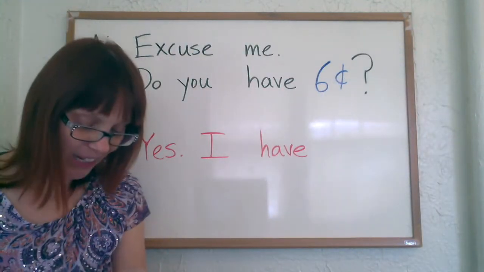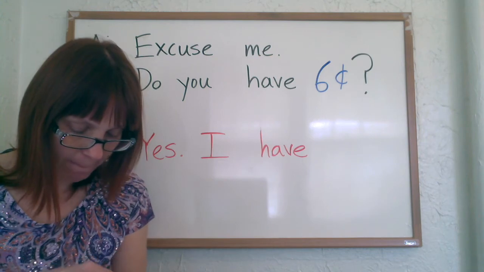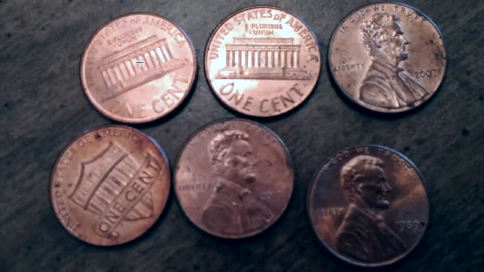Yes, I have 6 pennies. So this is 1 plus 1 plus 1 plus 1 plus 1 plus 1. 1, 2, 3, 4, 5, 6. 6 cents. I have 6 pennies.